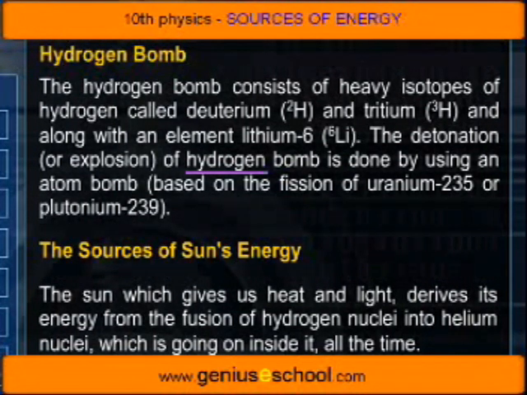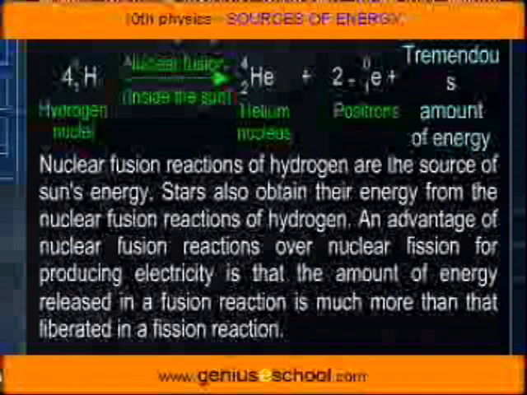The sources of sun's energy. The sun, which gives us heat and light, derives its energy from the fusion of hydrogen nuclei into helium nuclei, which is going on inside it all the time.